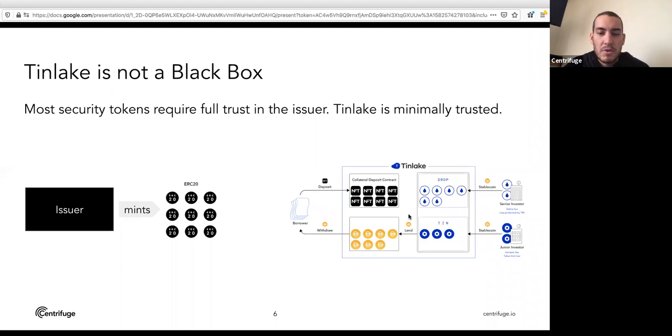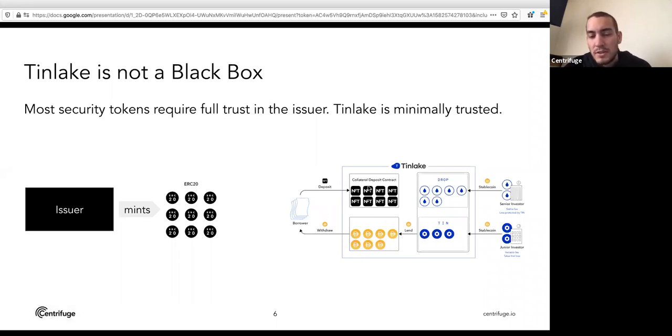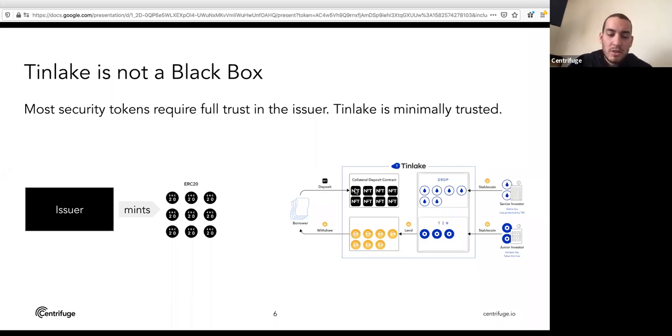With what we do with Tinlake, we go to the individual loan level. Instead of having an issuer collateralize a whole portfolio of assets, we have all of the information loan by loan on chain. And as more of the world gets connected to blockchain, we can make this more integrated into the existing processes.